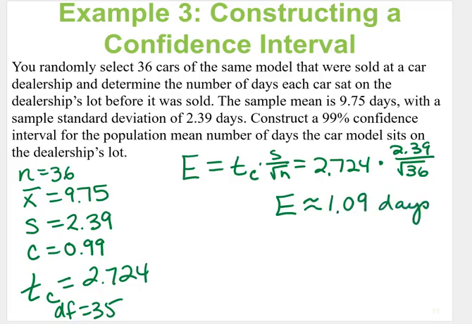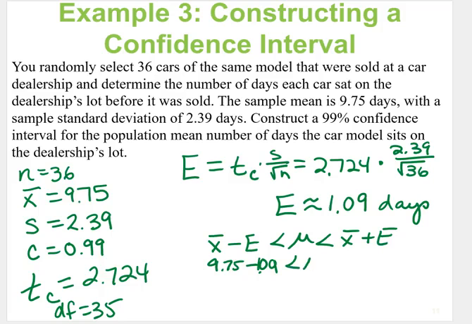So there's my margin of error, and then I would set up my interval. So I'm going to do my X bar minus that E on the low end, and then on the high end, I'm going to do X bar plus that E. So 9.75 minus 1.09, and then 9.75 plus 1.09.